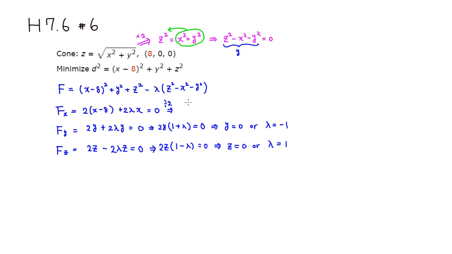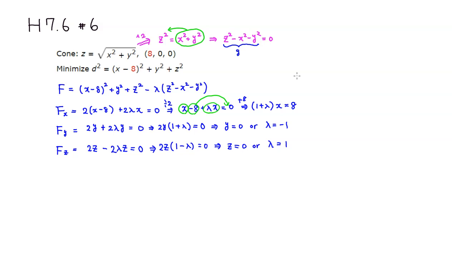So you have x minus 8 plus lambda x equal to 0. I'm going to collect these two terms, giving you 1 plus lambda times x, and I also want to put the 8 on the other side by adding 8 to both sides. So this is going to be equal to 8.